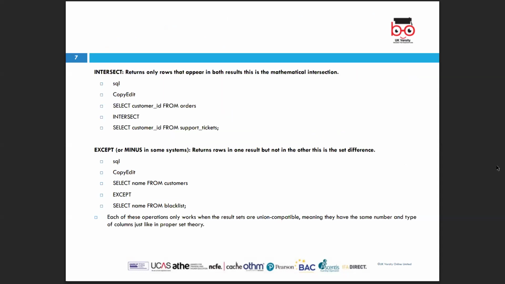Then intersect, which we know returns only rows that appear in both results, and this is the mathematical intersection. Then we have except, or minus in some systems, which returns rows in one result but not in the other.